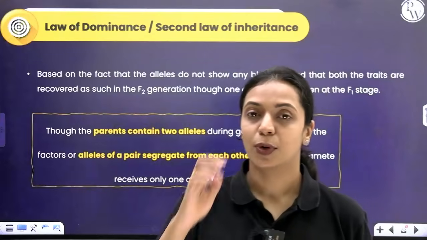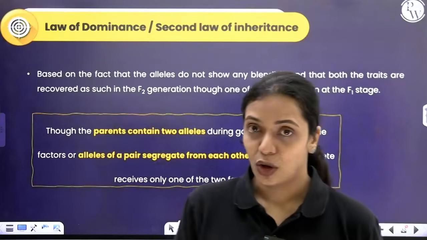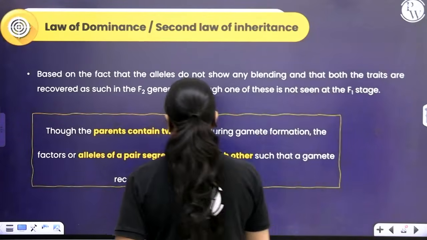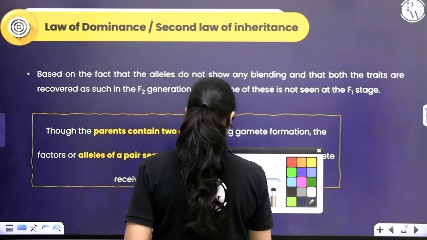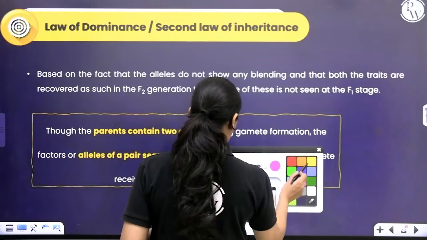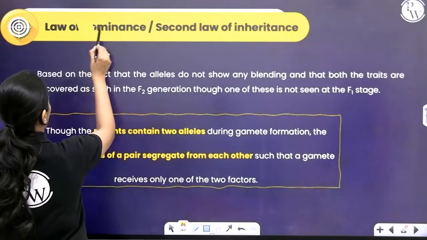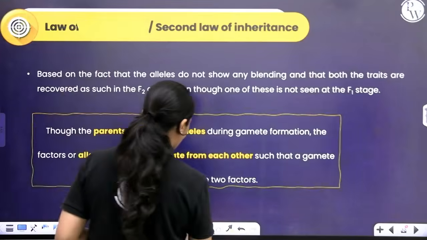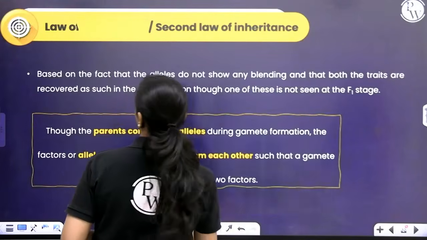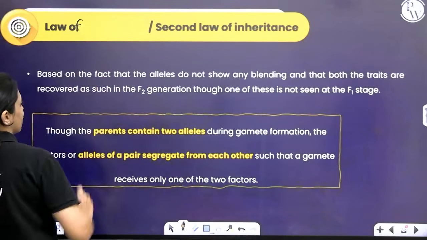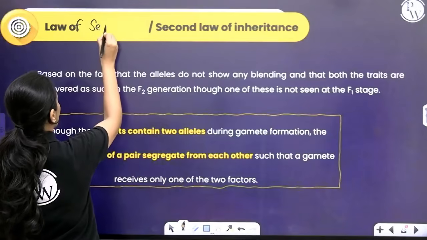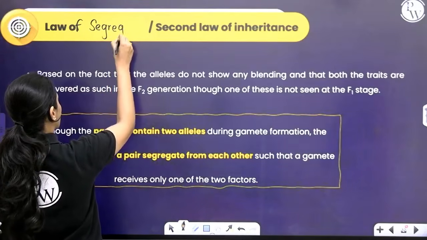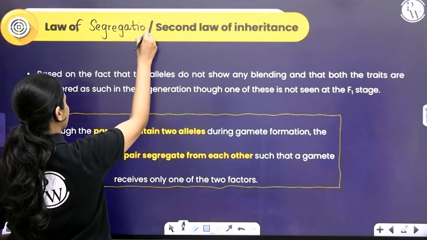Another law that he proposed, the second law of inheritance, is also called the law of segregation. There is a mistake here. It's not law of dominance, it's law of segregation.